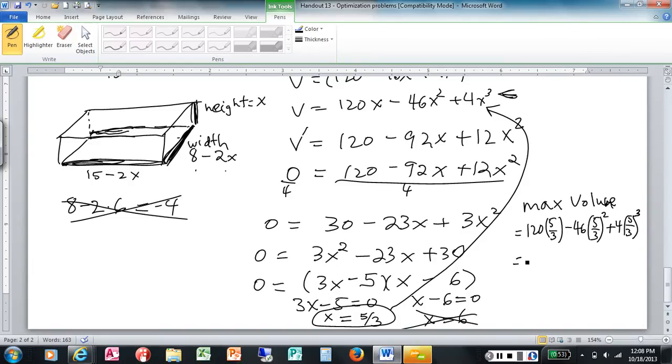All right, let's see. 120 times 5/3 minus 46 times 5/3 squared plus 4 times 5/3 cubed. What do you get? 90.74. Anybody have an exact value?